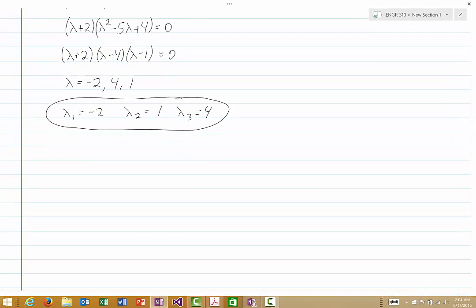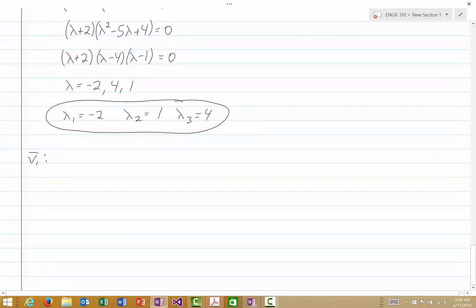And now let's find the associated eigenvectors. So for V1, we will have A V1 equals lambda 1 V1.